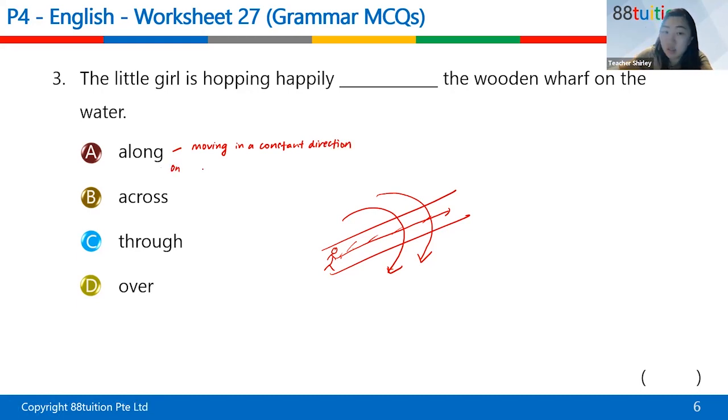On a road or a path, or of course, in this context, it's actually a wharf. It seems somewhat similar to a path also, right? Then, of course, when we talk about across, across basically means that you are really going from one side to another.